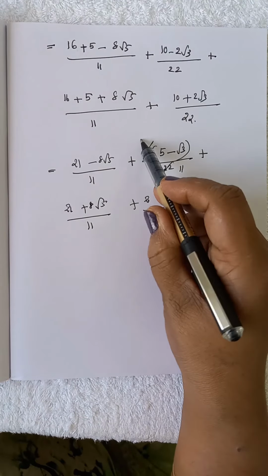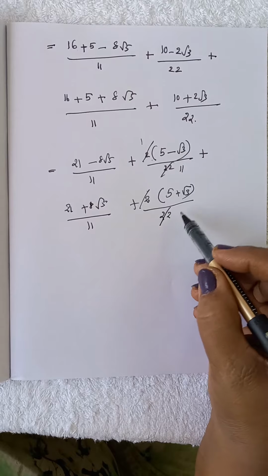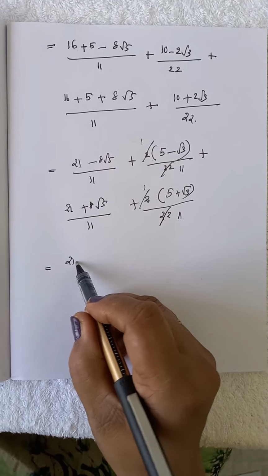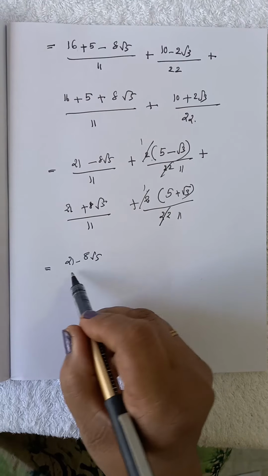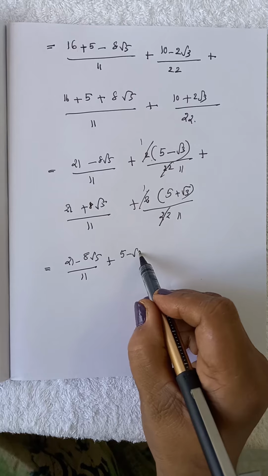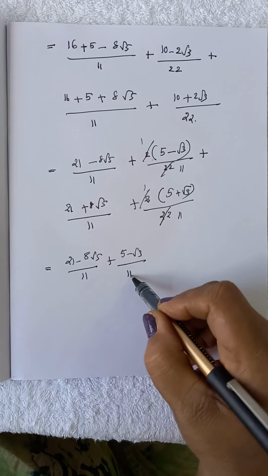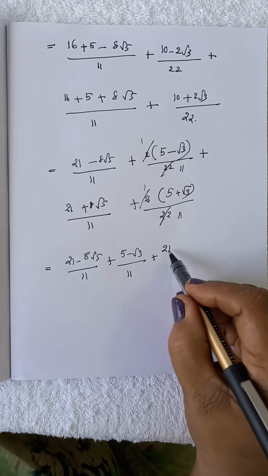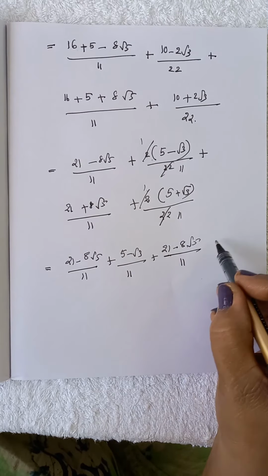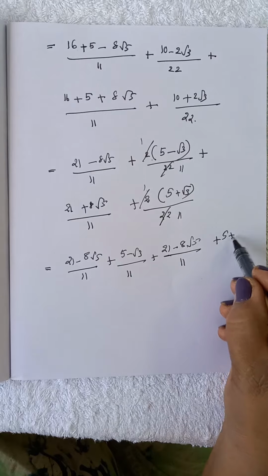Here also we can cancel 2 and 22, 11. So that is equal to 21 minus 8 root 5 divided by 11 plus 5 minus root 3 divided by 11 plus 21 minus 8 root 5 divided by 11 plus 5 plus root 3 divided by 11.